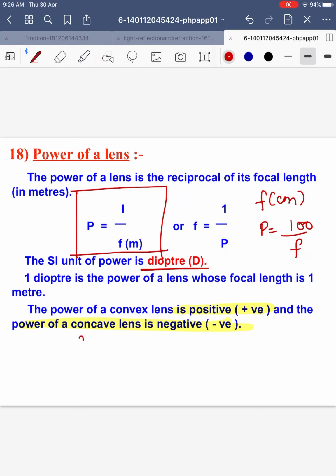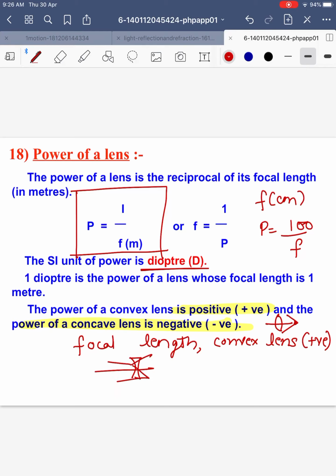Why? Because we know that the focal length of a convex lens is positive, because it is converging all the rays on the right hand side. But for a concave lens, the focal length will be negative because the rays are being diverged here, so the focus is on the left hand side.